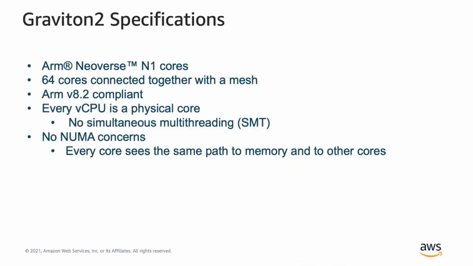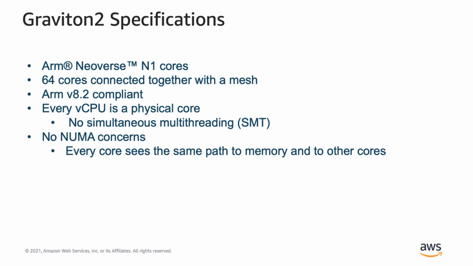So here's a little bit more of the deep dive into kind of what this is. You can read these particular bullets, but the things I want to focus on are: one, it's not a completely proprietary design. So the cores on this particular chip are ARM Neoverse N1 cores. We work very closely with ARM in the development of this core to make sure it matched requirements of our customers.